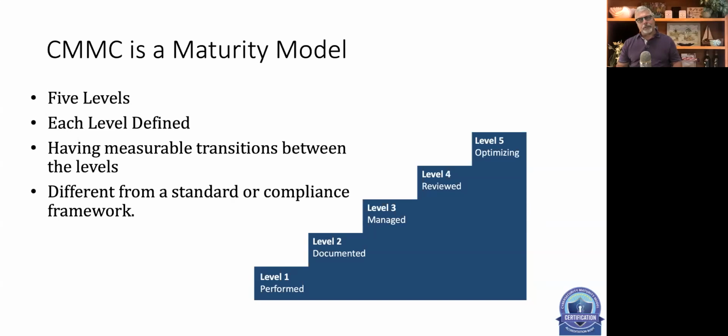Sometimes we call this persistent and habitual behaviors that help drive the behavioral piece of this. Make sure people are properly trained, make sure things are properly documented, make sure things are being measured, and so on and so forth. So it's both a maturity model and a capability model that'll be used by assessors in the field to assess the various organizations that are interested in certification.